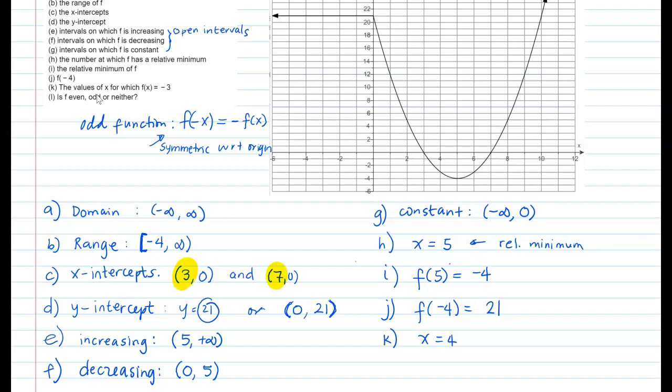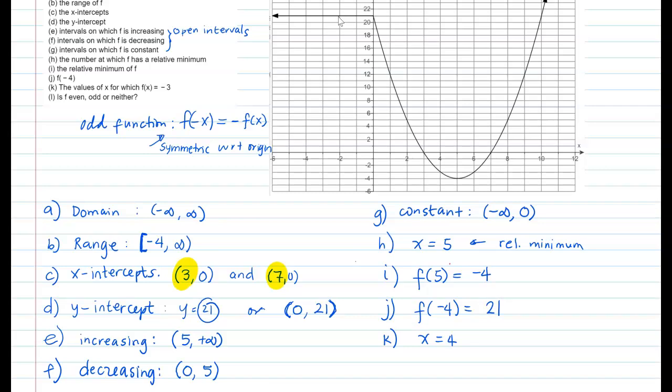What does that mean? If you recall, when it says symmetry with respect to the origin, you would have to replace both x and y by -x and -y, and you get the original function back. So that means for every point on the graph, you get the corresponding point.